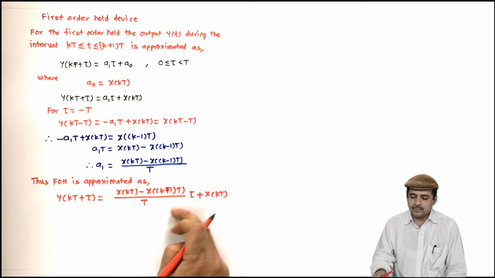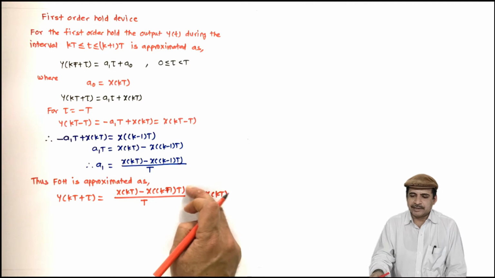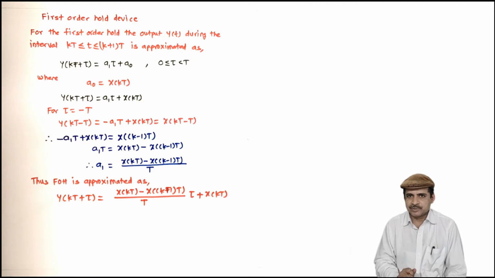So this slope will be multiplied with the time, so it is the linear approximation plus the previous value.